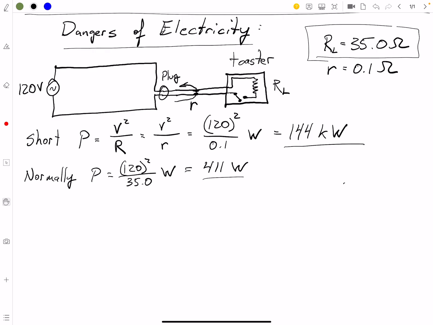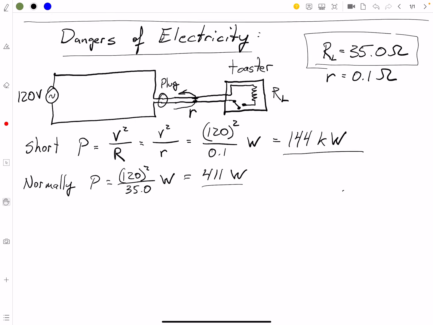So this right here produces a lot of heat.